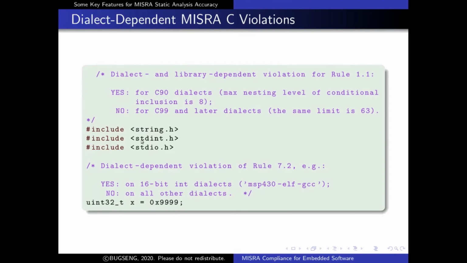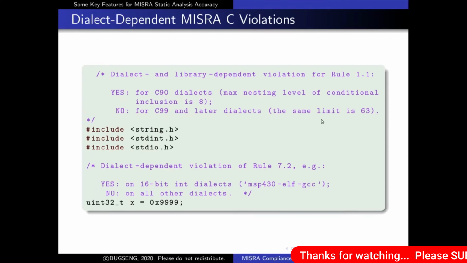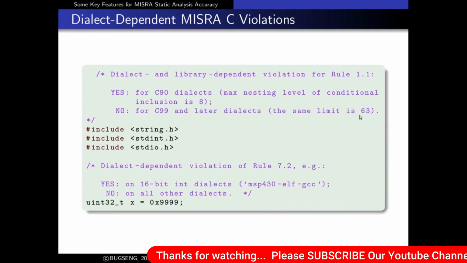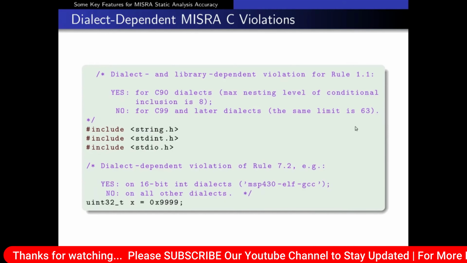This version of the library I'm using, GNU libc, is in violation because for C90 the maximum nesting of conditionals is 8, and this is exceeded. However, for C99 and later dialects, the same limit is 63, so it's not exceeded.